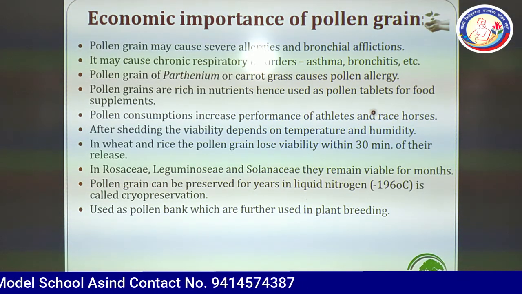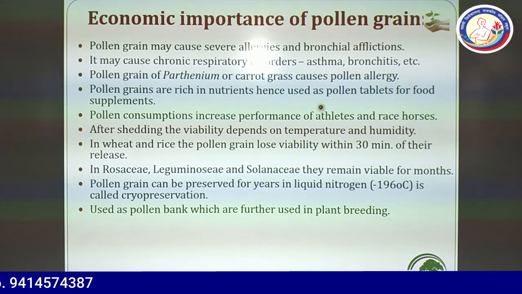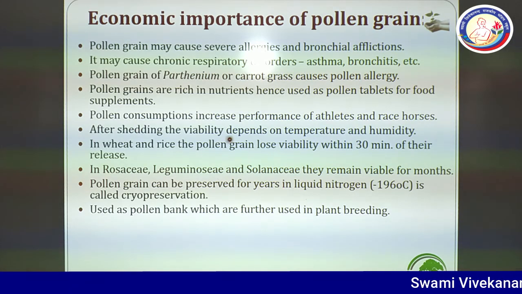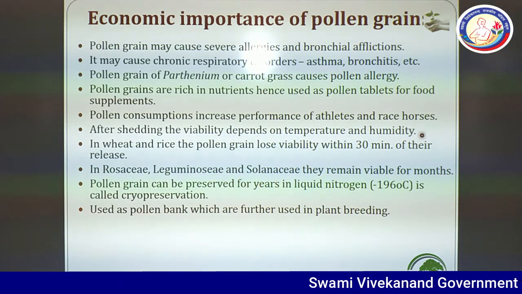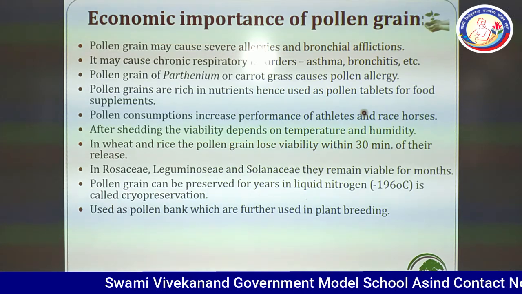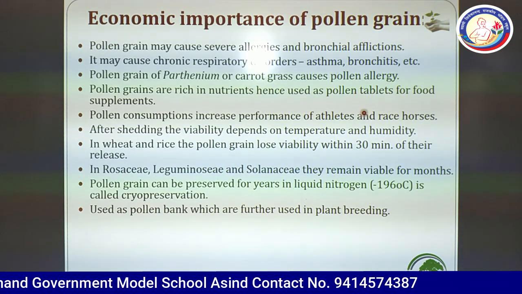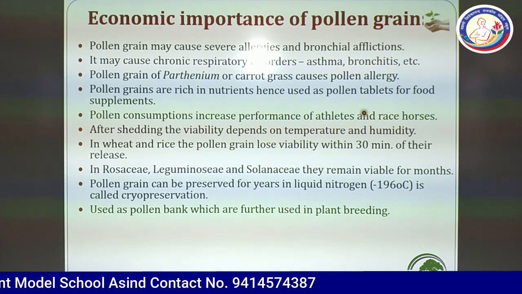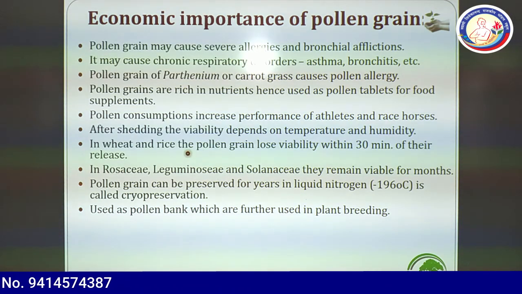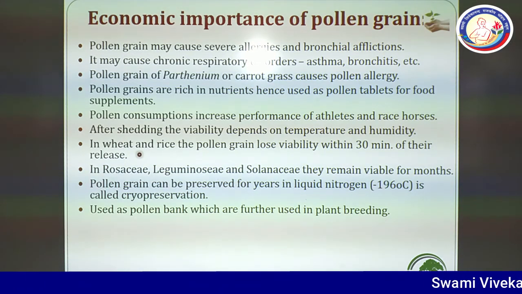So in Western countries, it is used as a food supplement, and after shedding, the viability depends on the temperature and humidity. If we compare the pollen grains of different species, they show viability variation. It is affected by temperature and humidity. In wheat and rice plants, the pollen grain loses viability within 30 minutes of its release.